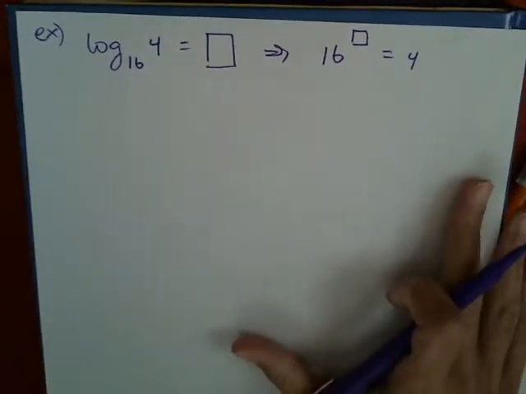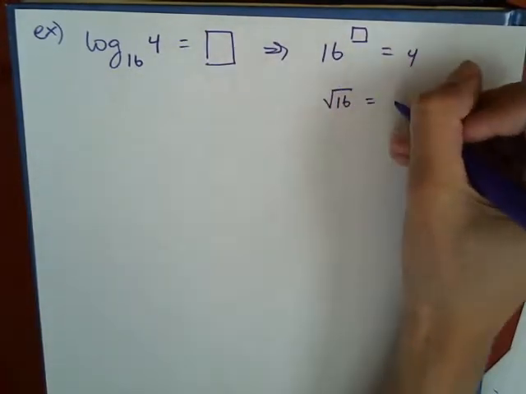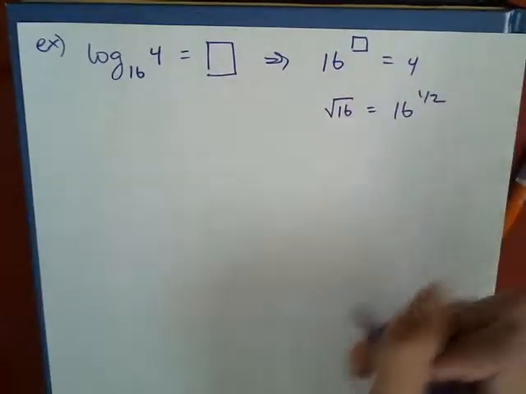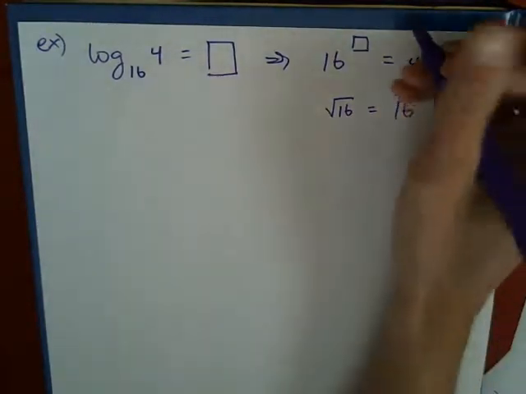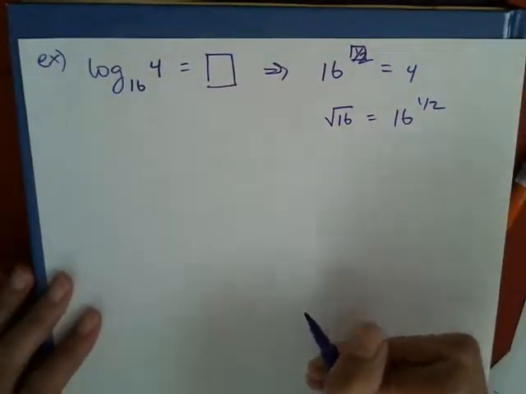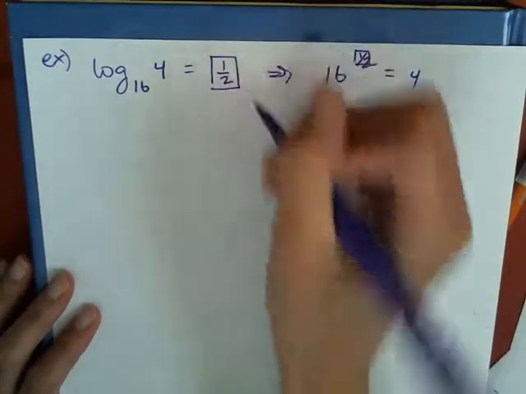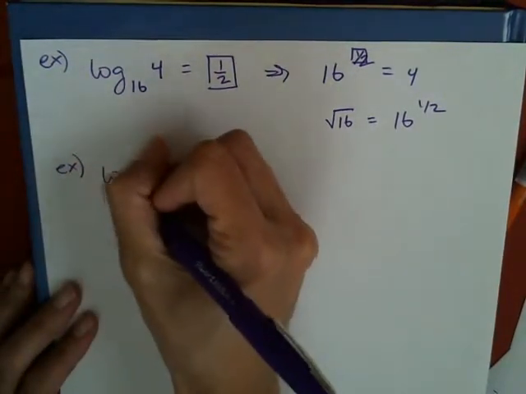The square root of 16 is 4. Well, the square root is the same as a 1/2 power. Remember, a cube root is a 1/3 power. Really great review from earlier in the quarter. So that's 1/2. You can't see that, but I'm going to put that over here in my answer box, 1/2. So you're looking for those bases to be bigger.